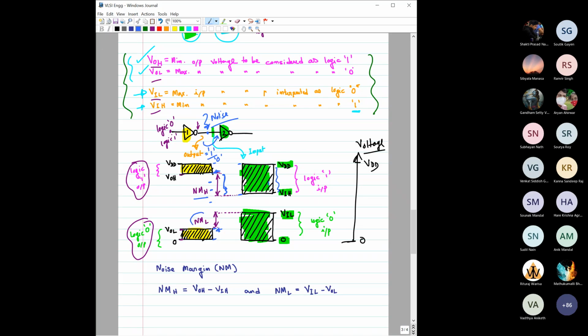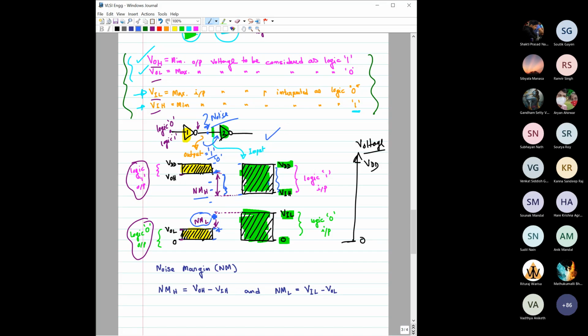So this is the margin by which noise can perturb the signal, but still will not disturb the operation of these two gates.